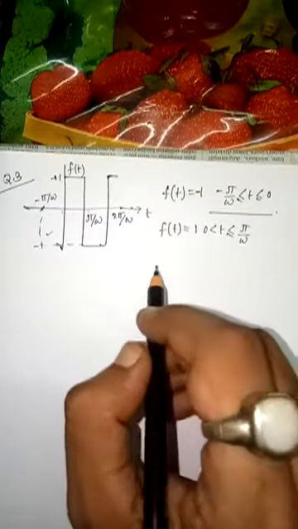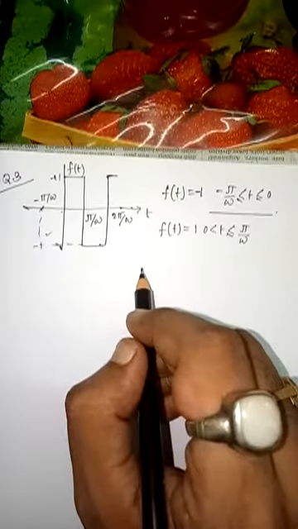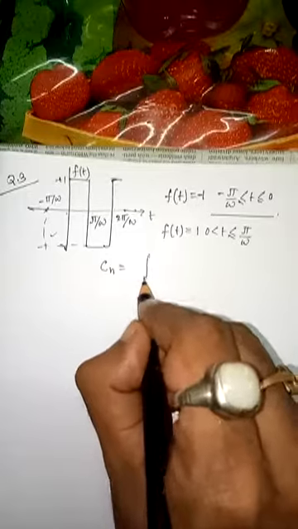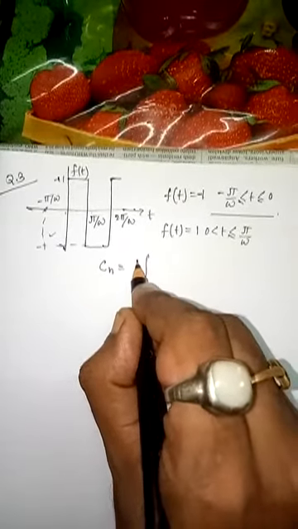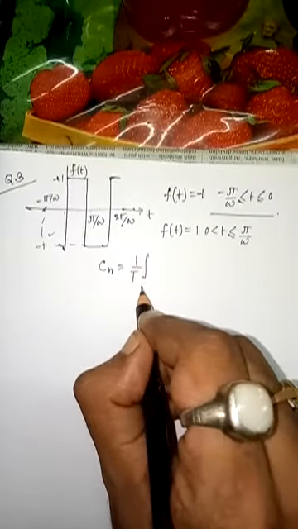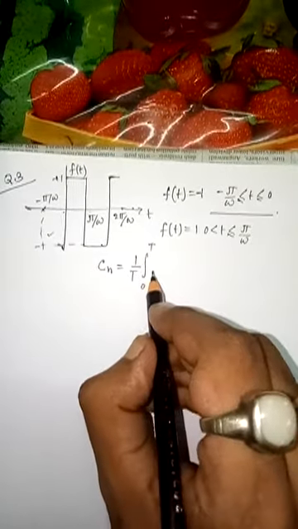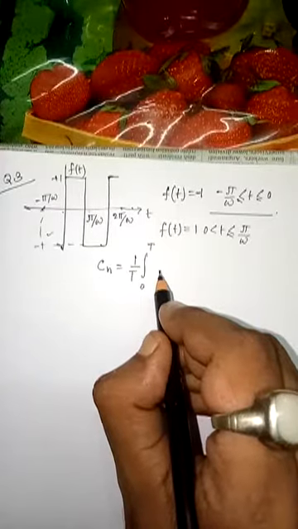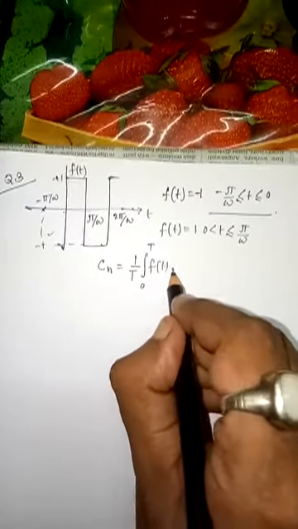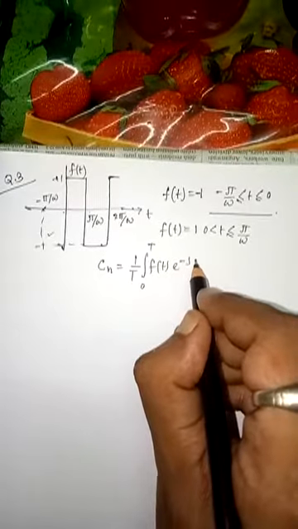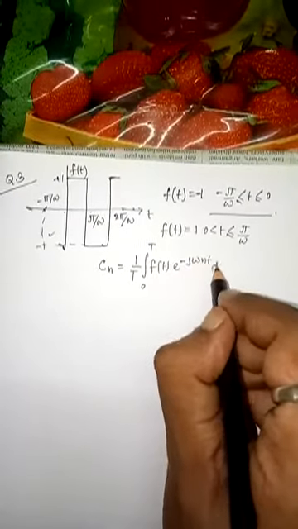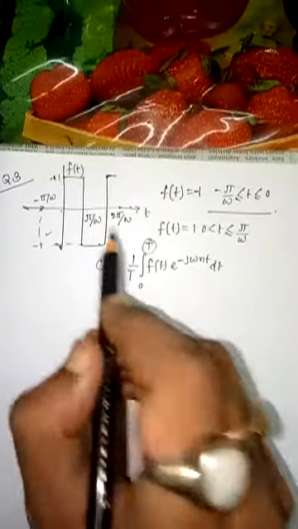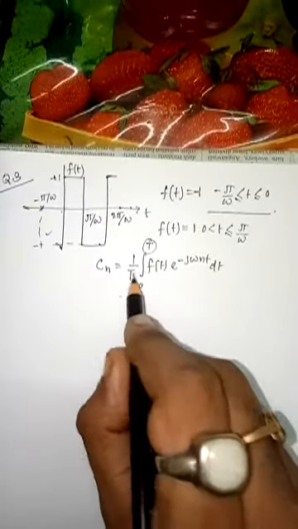Now how to find out that coefficient? Say what is Cn, that is 1 by T times the integration from 0 to T of f of t e to the power minus j omega n t dt. Here the time period is minus pi by omega to plus pi by omega, and this is 2 pi by omega total.